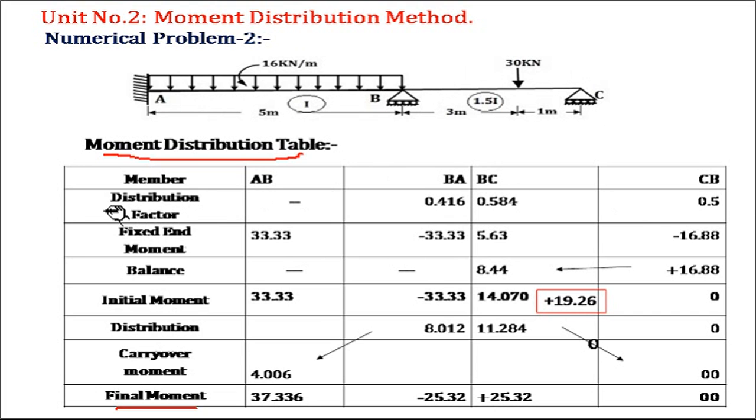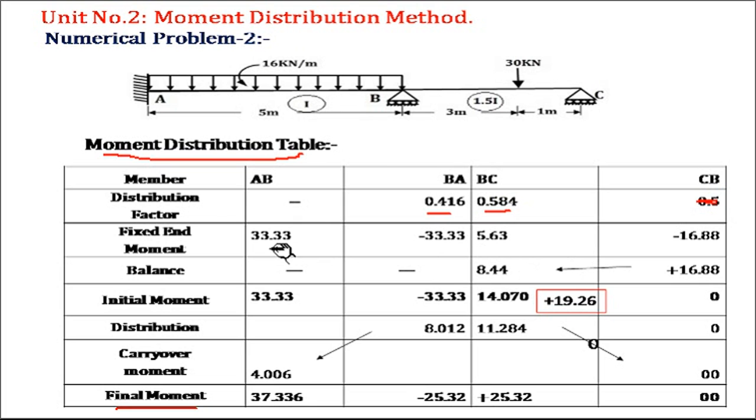The next row is distribution factor. We have already found the distribution factor for members BA and BC in the last slide. For BA it is 0.416 and for BC it is 0.584. For CB it is not there.